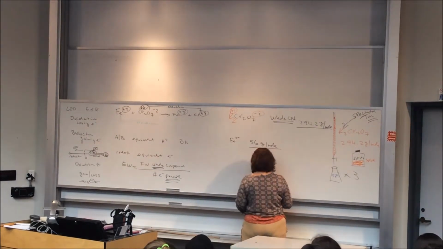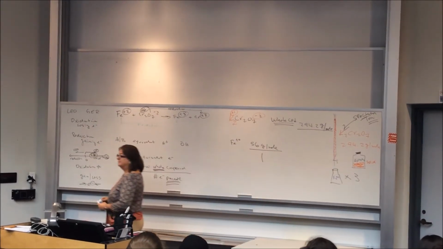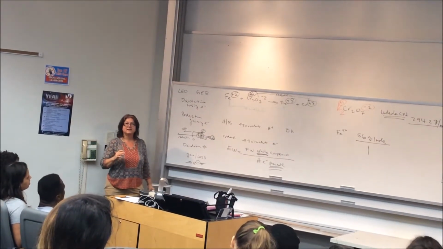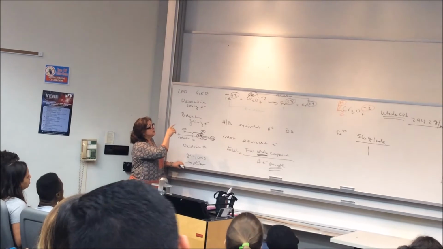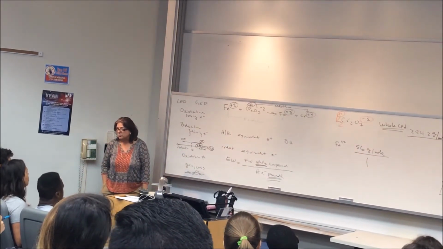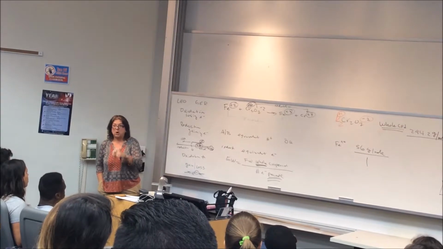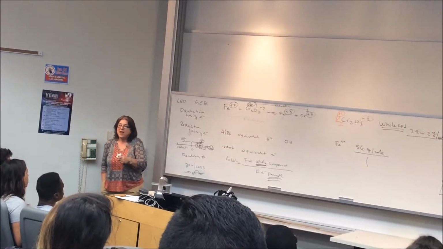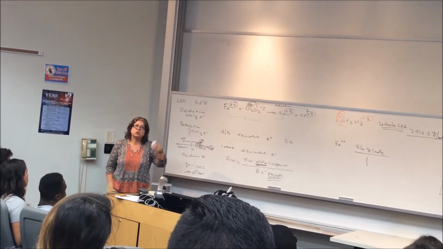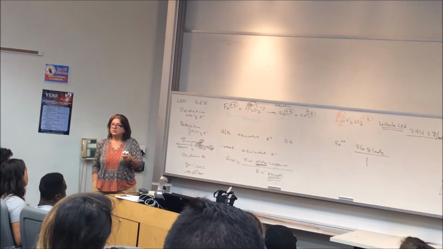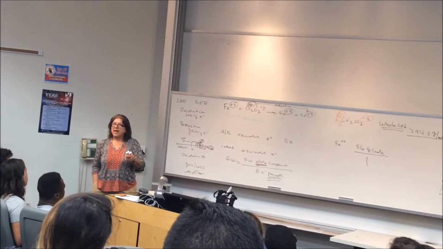I thought I was a little overwhelmed with that 6, so let's do it again. The reduction of dichromate involved how many electrons? 3 per chromium, right? Because chromium went from +6 to +3. Gain or loss? Say gain. Gain.